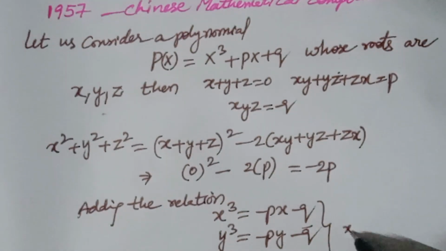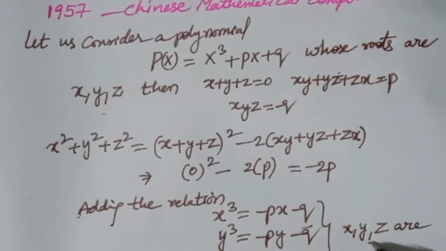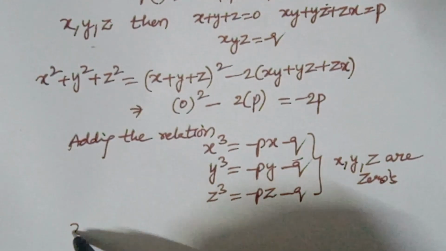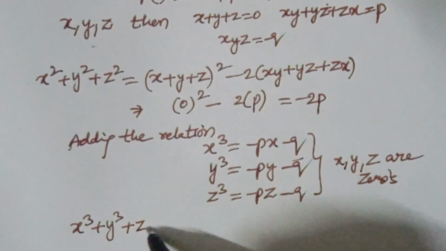So what is the reason here? x, y, z are the zeros, or you can say roots, so they will satisfy the polynomial.